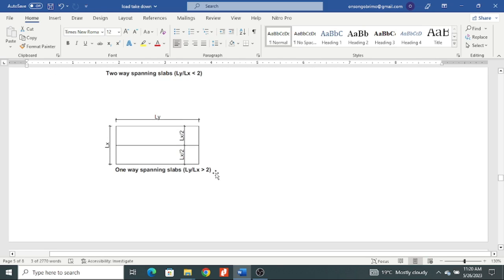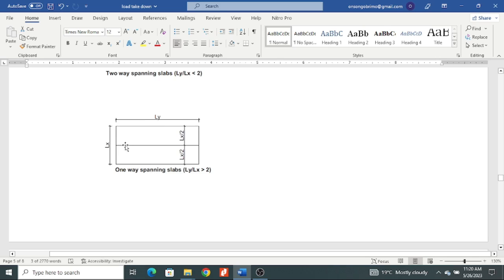For one-way spanning slabs, you actually divide them at the center. You take the mid span of the short span, and then you do the center. So half of this is going to load this beam, half of this is going to load this.